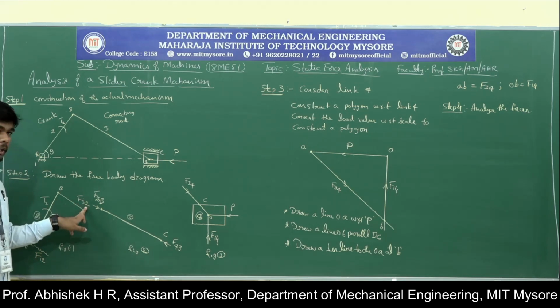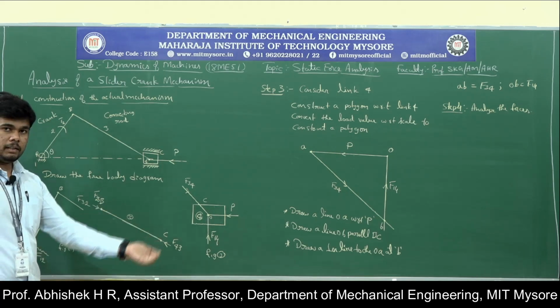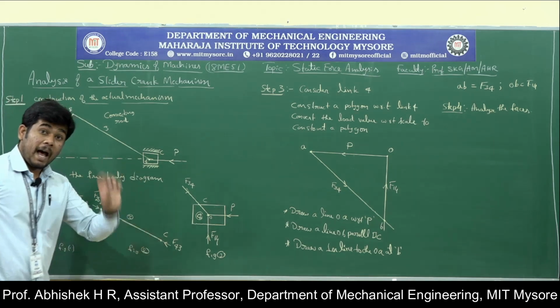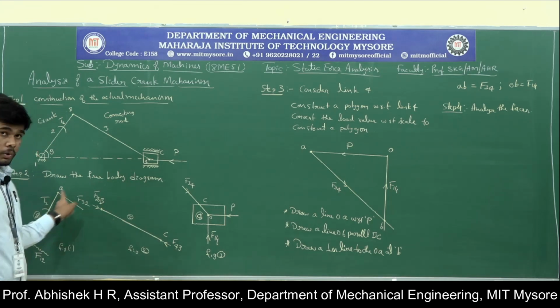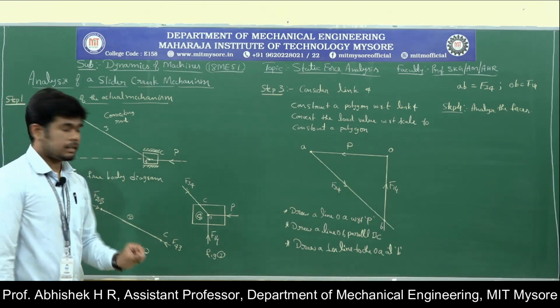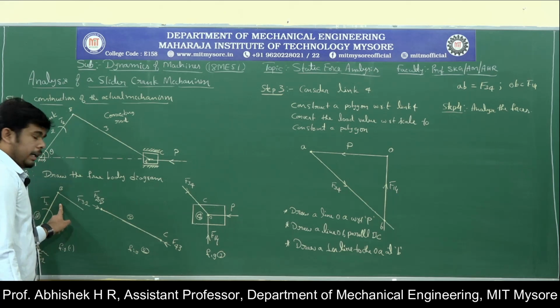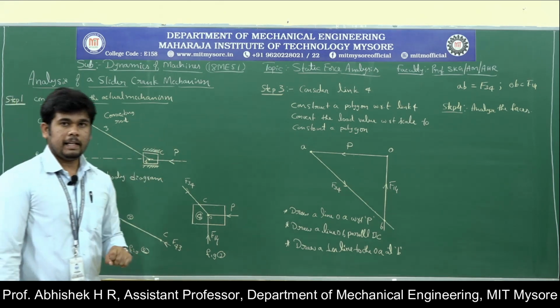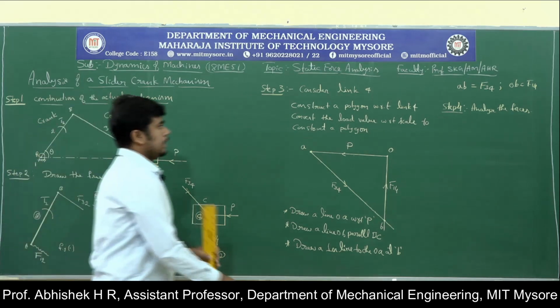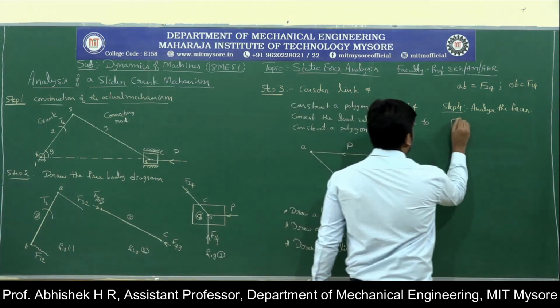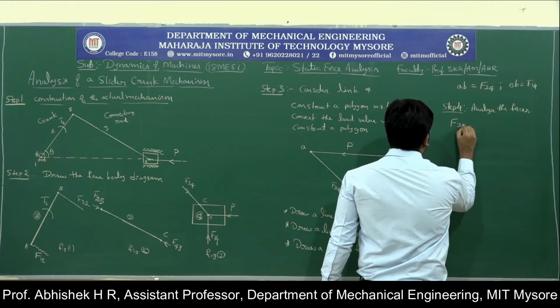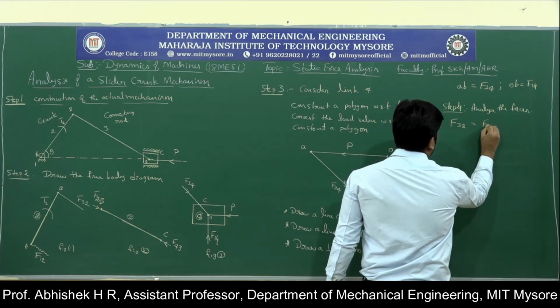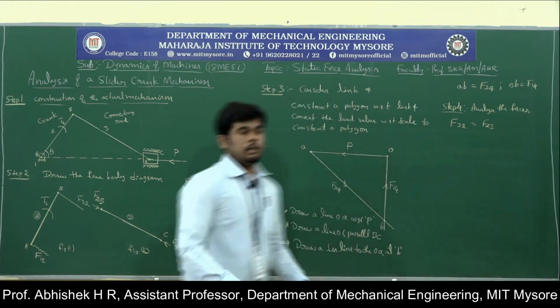So that F32 is nothing but the force of the link 3 is exerting on link 2, as well as it also indicates that the force of the link 2 is going to exert on link 3 also. That is nothing but F32 is equal to F23.